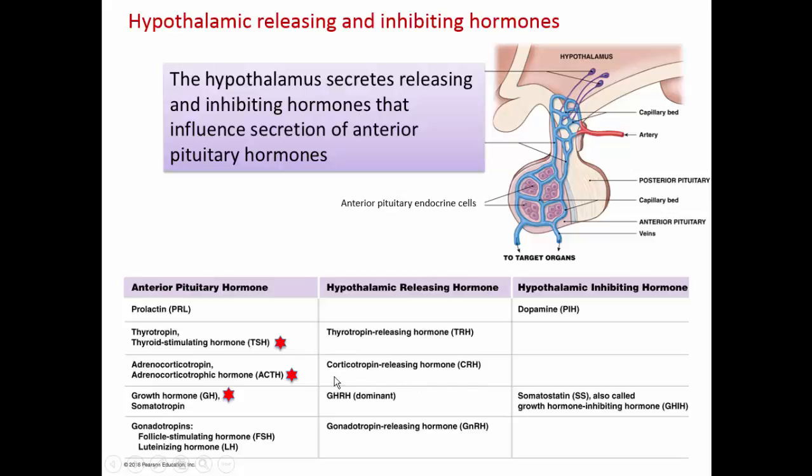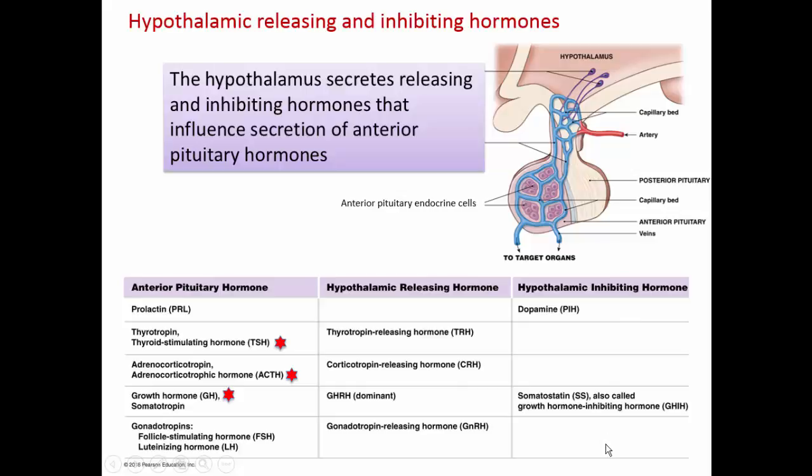Corticotropin releasing hormone stimulates release of adrenocorticotropic hormone, often referred to as ACTH for short. Growth hormone releasing hormone stimulates the release of growth hormone from the anterior pituitary. And gonadotropin releasing hormone stimulates both FSH and LH from the anterior pituitary.